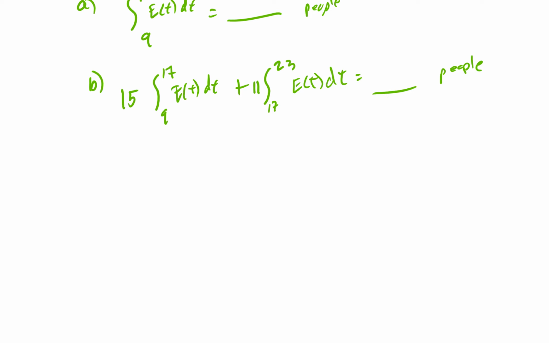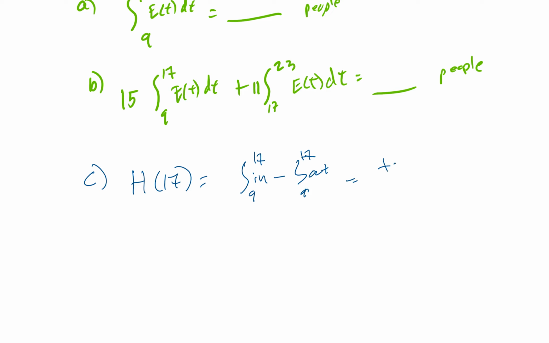So H of 17, let's get that out of the way first. H of 17 is the integral of in minus the integral of out, from 9 to 17. That's the total people in the park, right?